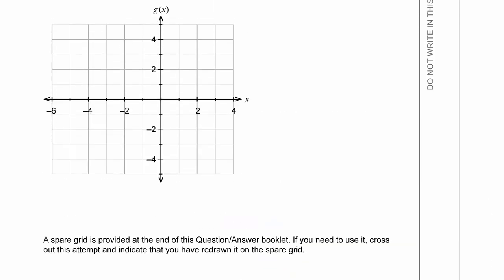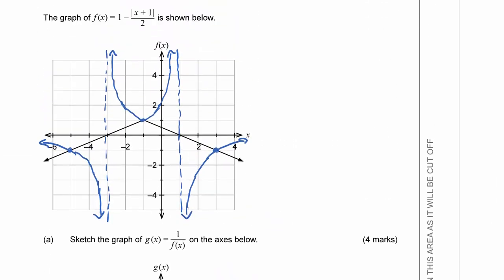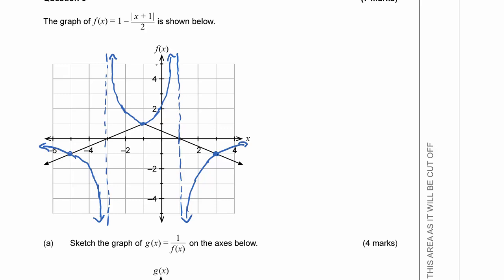So in other words, if we look at this, all that's going to happen is that the graph that we've drawn here is just going to be stretched by a scale factor 2 parallel to the y-axis.